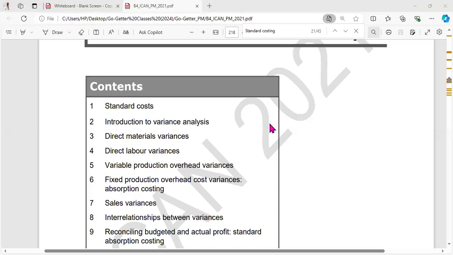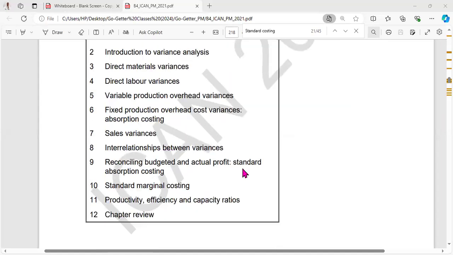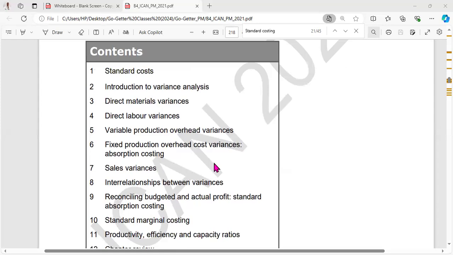We'll look at direct material variances, direct labor variances, variable production overhead variances, fixed production overhead variances, and if there is time, we can look at sales variances and interrelationship between variances.